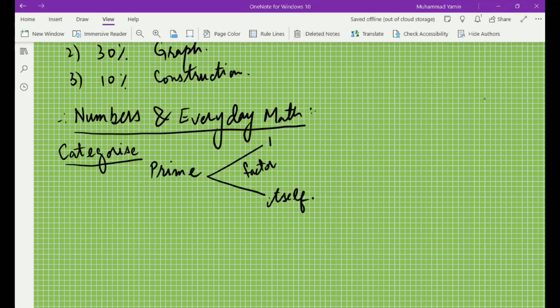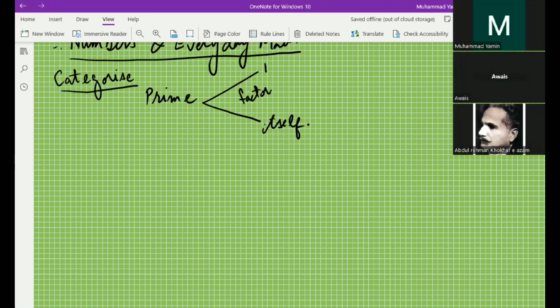And if they have factors greater than 2, then also we don't take them as prime numbers. So the first prime number in the list is 2, then 3, then 5, then 7, then 11, then 13, and so on. Now you can see that these numbers can only come in the table of 1 as well as their own self. They can't come in any other table.